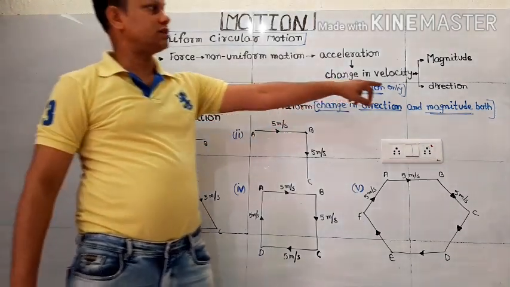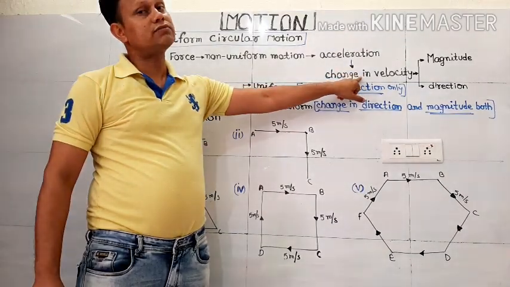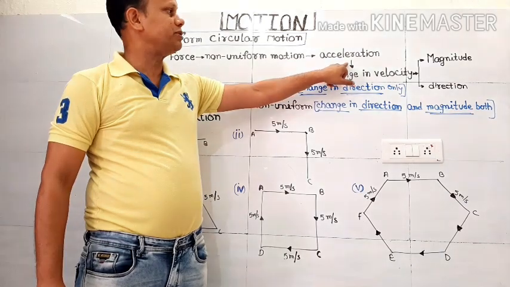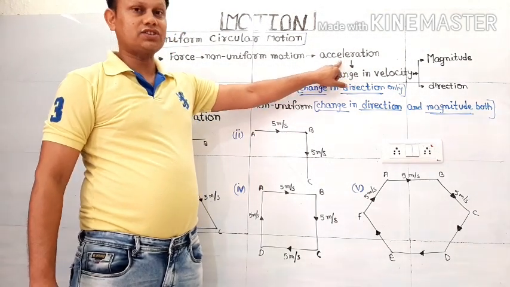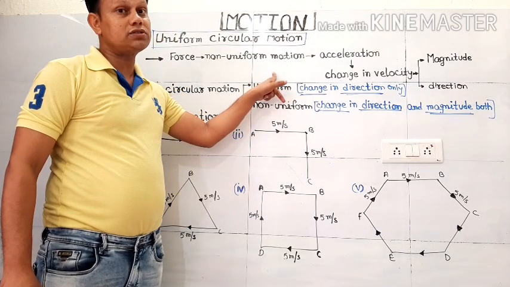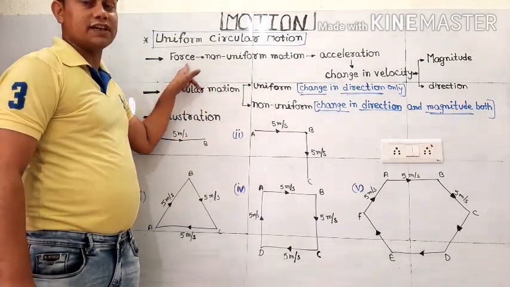Now whenever there is a change in direction, that means at that point change in velocity will be observed. If the change in velocity is observed, that means at that point body will be said in acceleration. If it is acceleration, at that point body is in the non-uniform motion, and if it is non-uniform motion, that means a force is there.